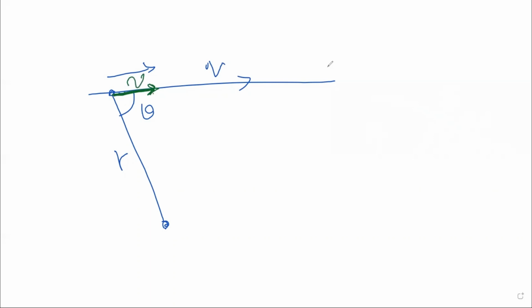If I project this velocity to this direction, then this will be V cosine theta. But since it is in the opposite direction, this is a minus. So what does it say? This projection of the velocity is actually showing us the changes of R with time.